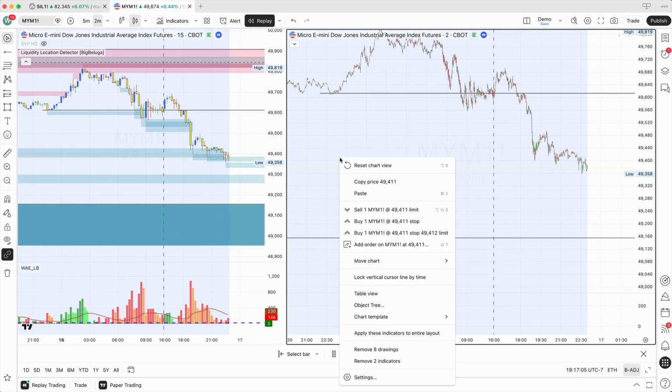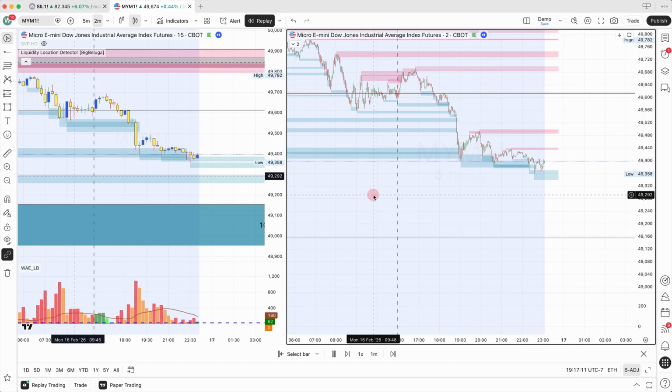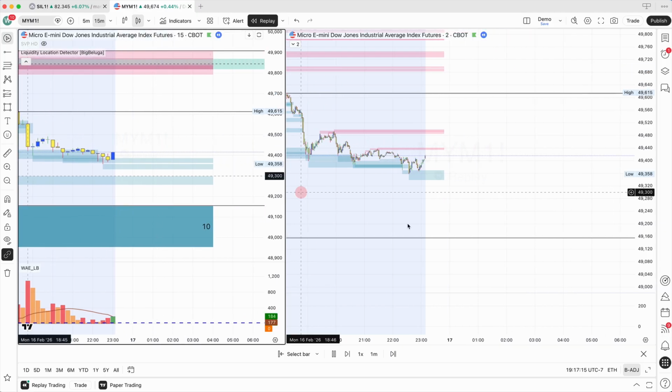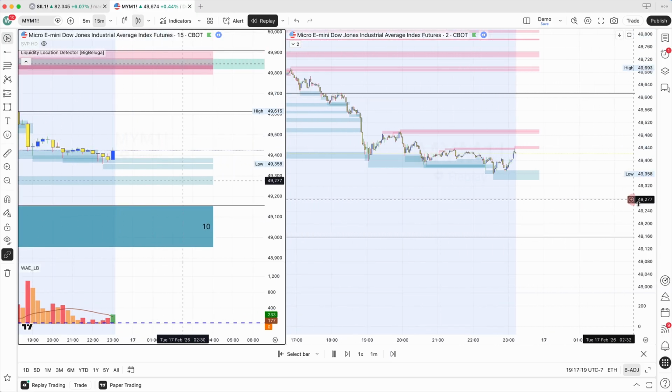I want to have my liquidity indicator on this one as well. Okay, so now I'm seeing liquidity on the 15-minute chart, and I'm seeing liquidity on the 2-minute chart.